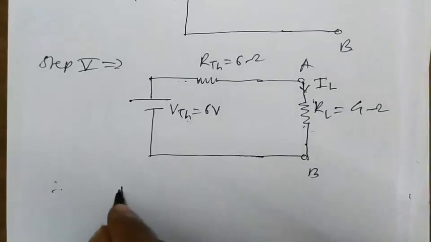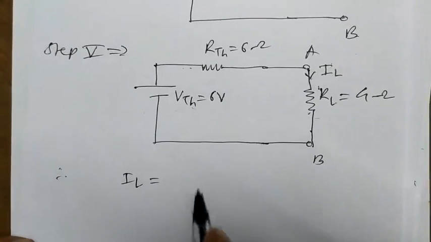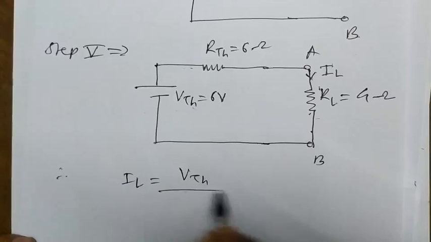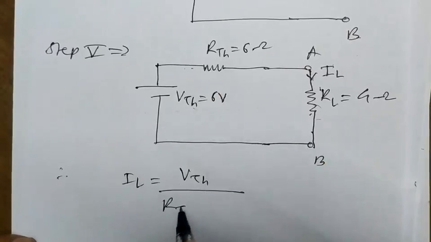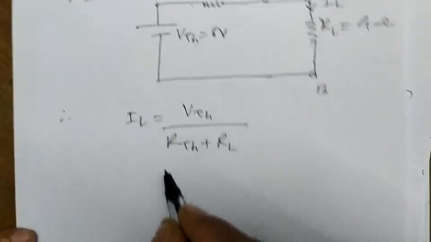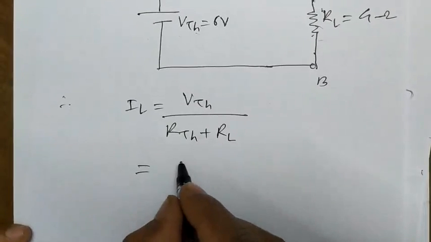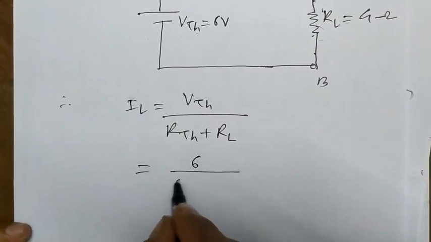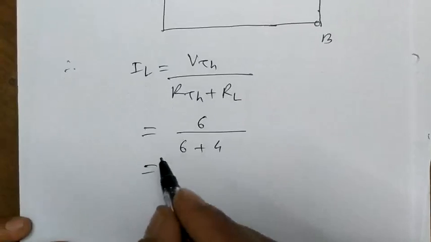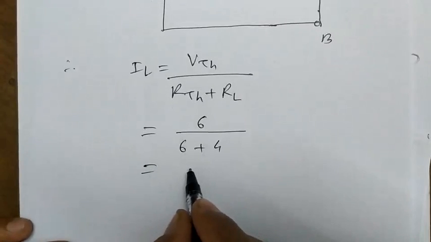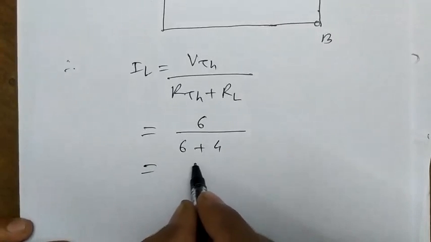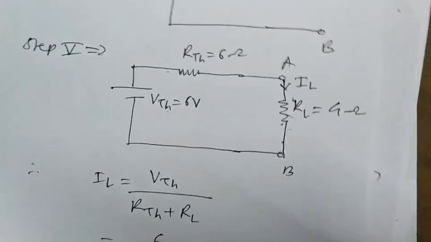Therefore, IL can be calculated as voltage upon resistance, that is RTH plus RL, equal to 6 upon 6 plus 4, sorry, it is 3, no?